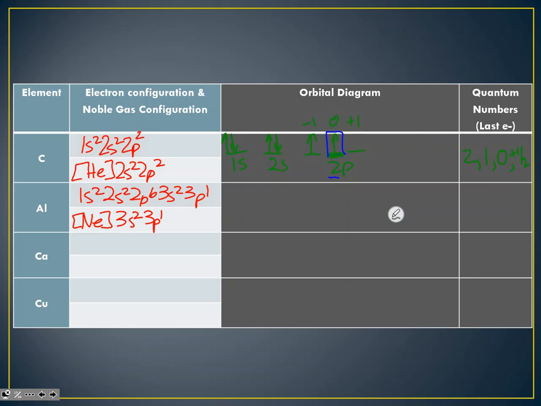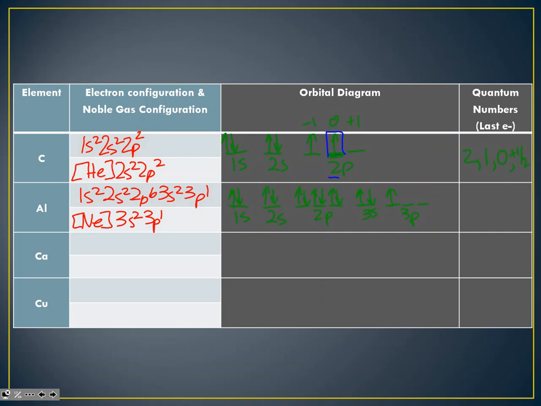Now let's draw the orbital diagram. Fill it in. So we fill this in. Everything gets filled in except for the 3p. Following Hund's rule, 1 in each first, then pair them up.